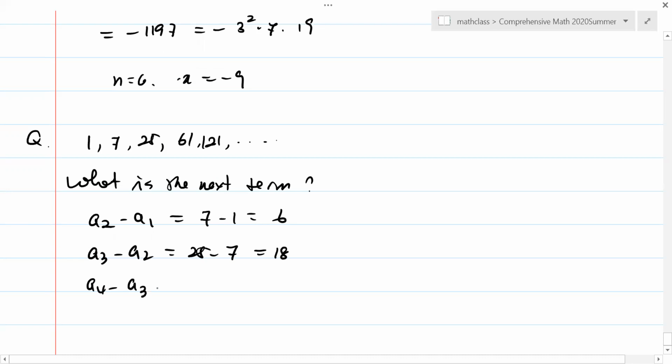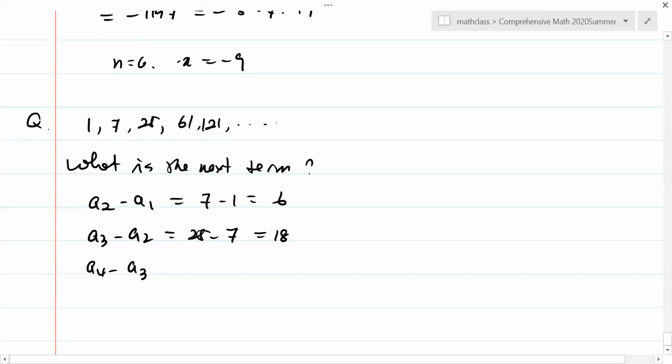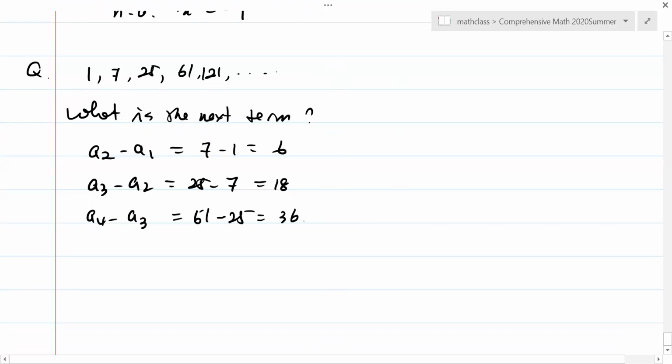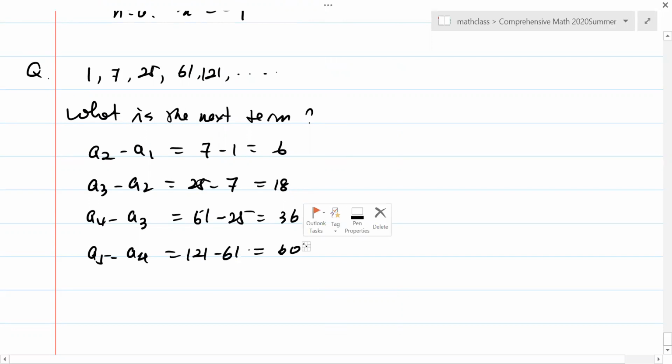So the original sequence has no pattern, but if we generate a new sequence by taking the difference, then you will find out, 61 minus 25 is 36. And then there's a pattern here, right? And the 121 minus 61, so it's 60.